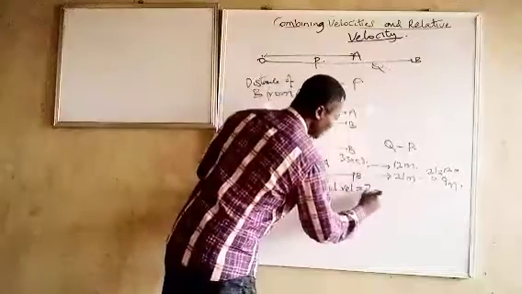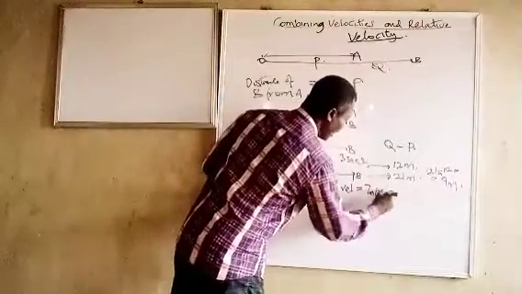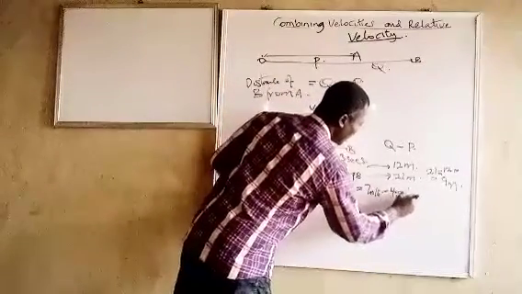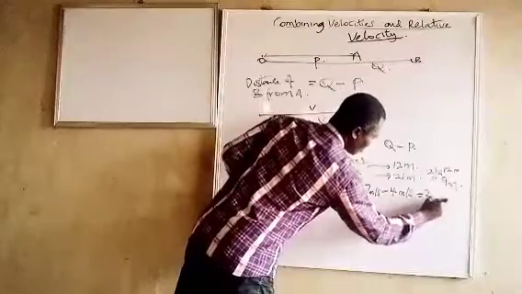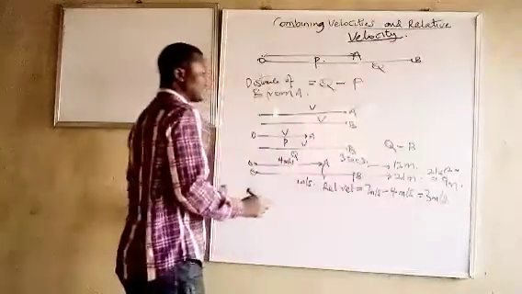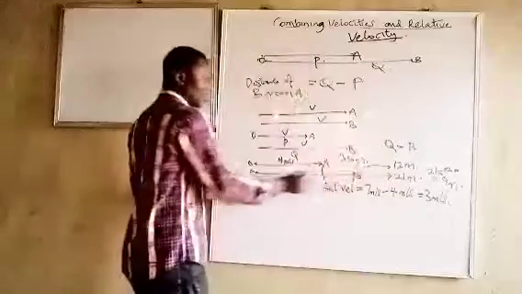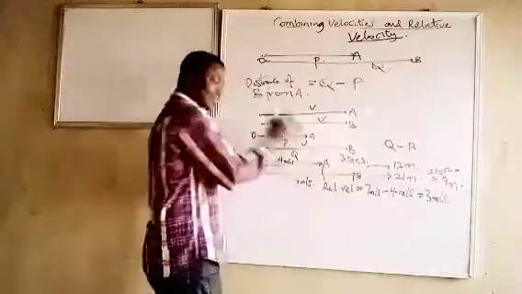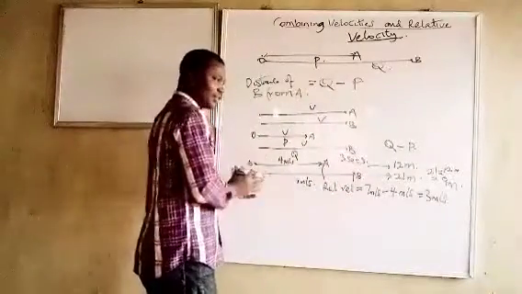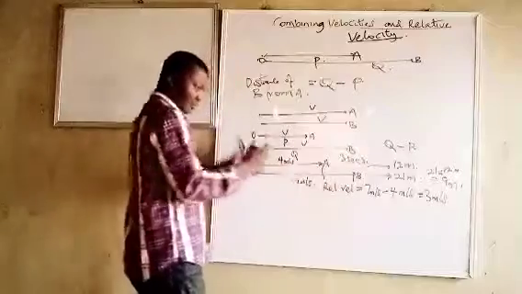So relative velocity is going to be 7 meters per second minus 4 meters per second. With this, you can easily say their difference in position after 3 seconds. You are taking one as the reference point. That is what happens in relative motion.